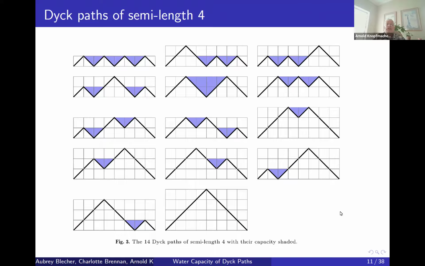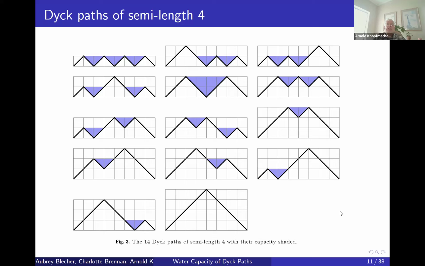We had the advantage, I think back in those days, of Charlotte doing the typing, and she also knew how to produce nice pictures, which is probably beyond what I could manage. So here she has drawn all the 14 Dyck paths of semi-length 4 and shaded in all the water capacity in blue.